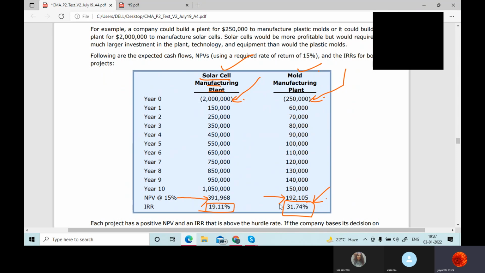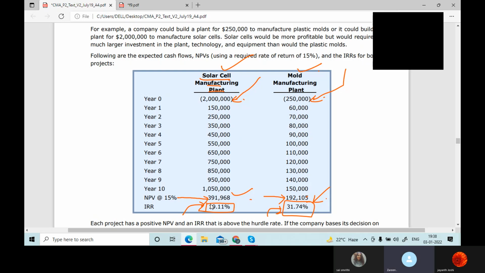What do you think? In terms of IRR, this project gives you a higher return but a lower NPV. In the case of this particular project, the IRR is less but the NPV is high. Correct? Please tell me.